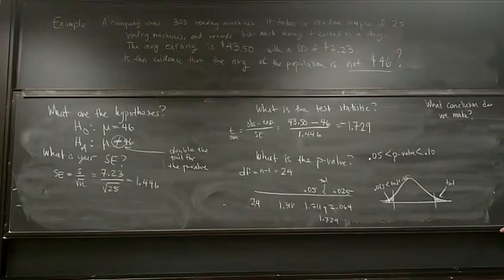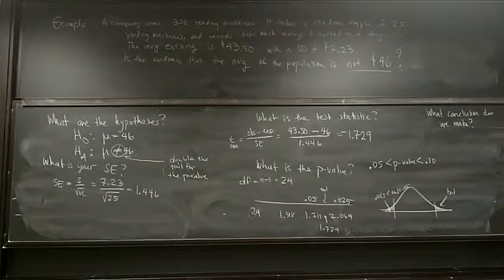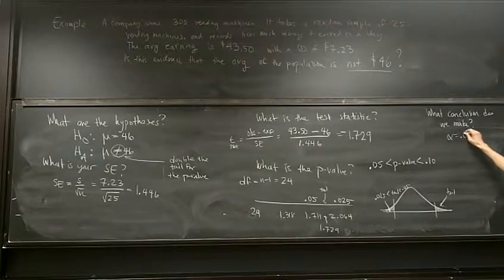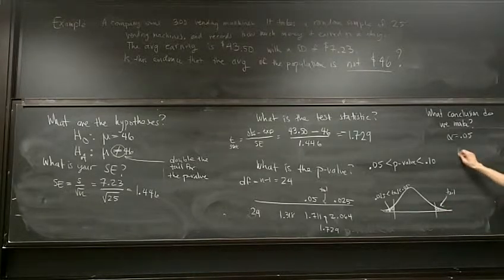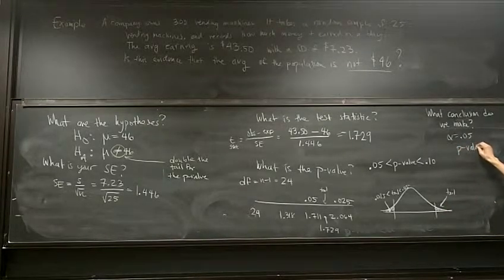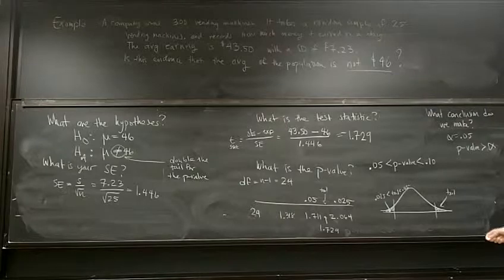All right, so what conclusion do we make? Well, this requires us to choose an alpha. So if I didn't specify an alpha, let's assume alpha was 5%. So is my p-value bigger or smaller than alpha? It's bigger than alpha. So what is my conclusion? We do not reject. Don't say accept.